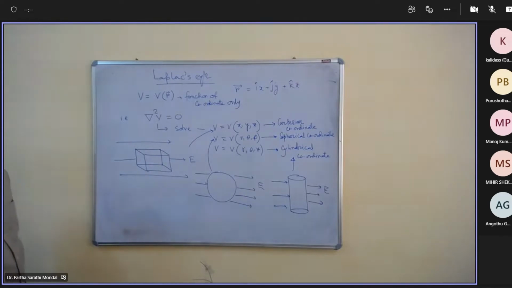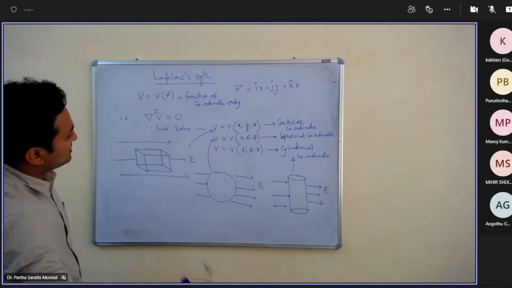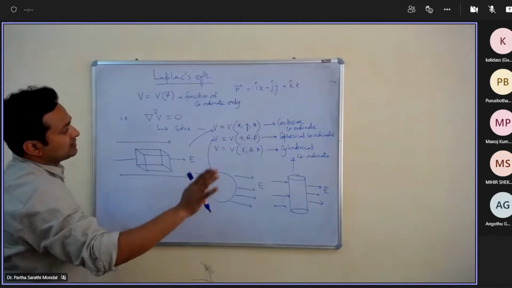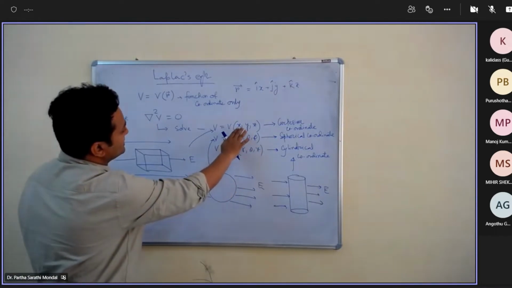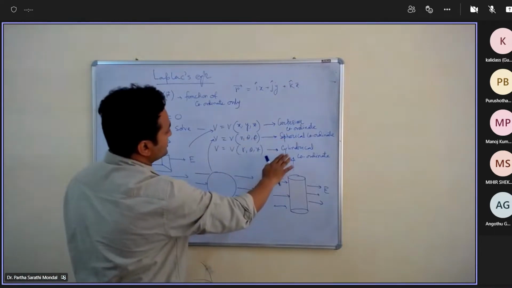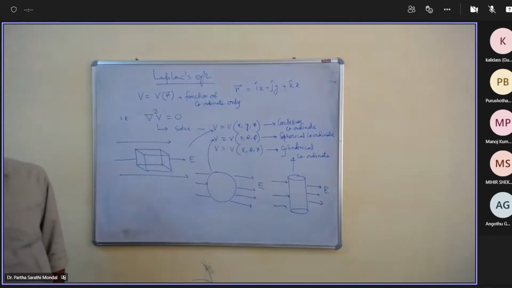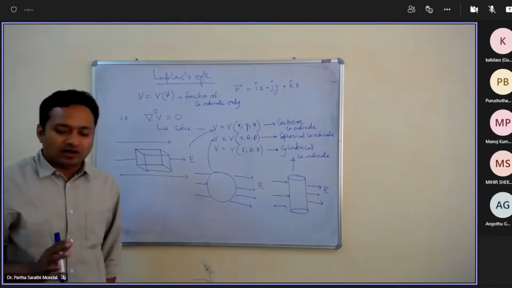Now the game shifts to the mathematician who knows very well how to handle these coordinate systems, mostly Cartesian, spherical or cylindrical. These are the 3 shapes we usually see around us.